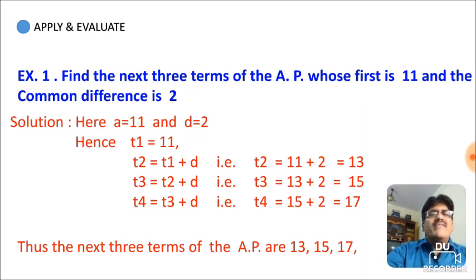T1 is equal to 11, T2 is equal to T1 plus D, that is 11 plus 2, that is 13. T3 is equal to T2 plus D, that is 13 plus 2 is equal to 15. T4 is equal to T3 plus D, that is 15 plus 2, that is 17. Thus the next three terms of the AP are 13, 15, 17.